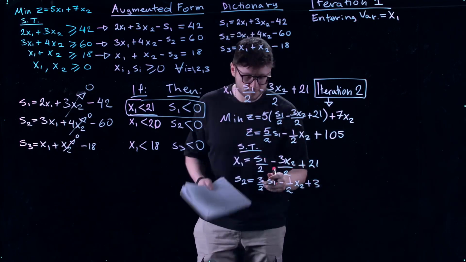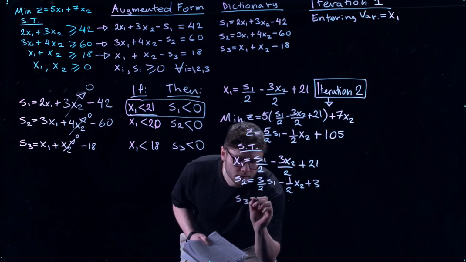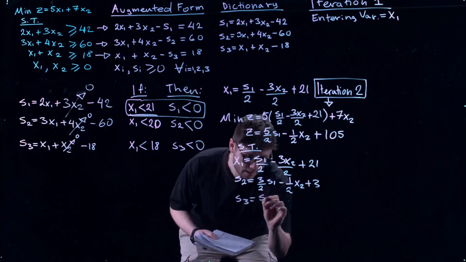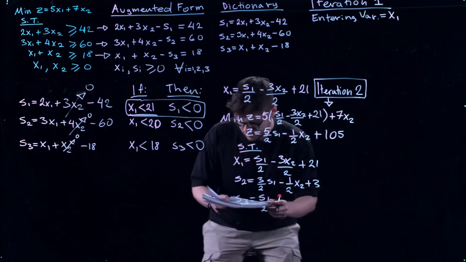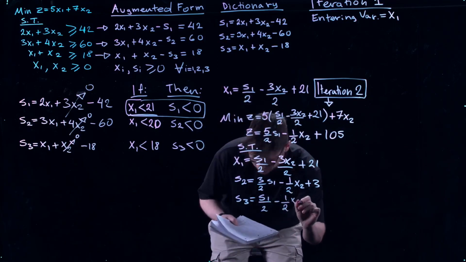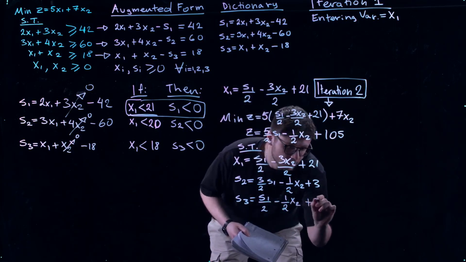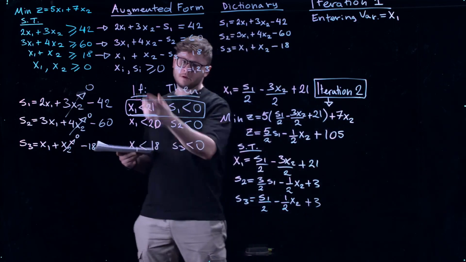And our last constraint, the third constraint, is going to be s3 equals s1 divided by 2 minus 1 over 2 x2 plus 3. The non-negativity constraints also follow through.